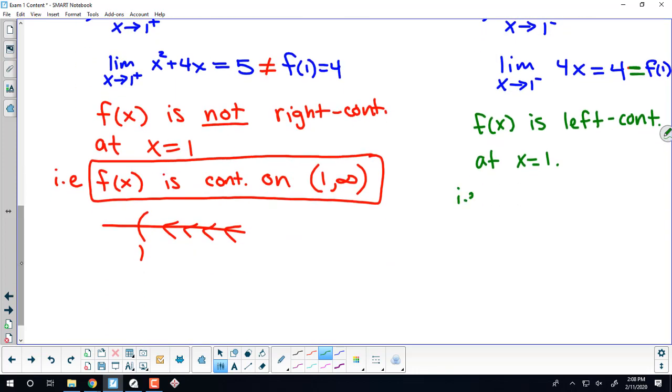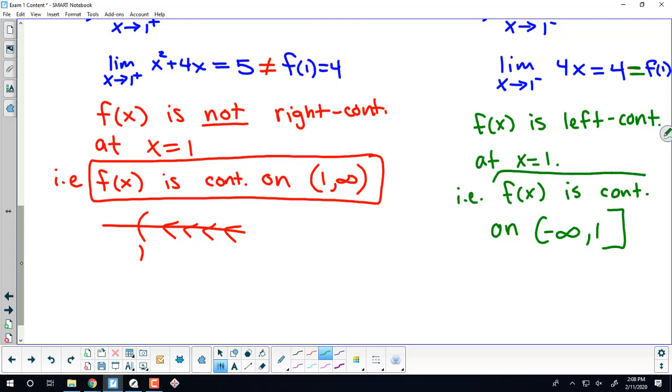So we're going to say f of x is continuous on what interval? Good. Negative infinity to 1 included? Yes. Because we have left continuity there. So there you have the intervals of continuity clearly stated.